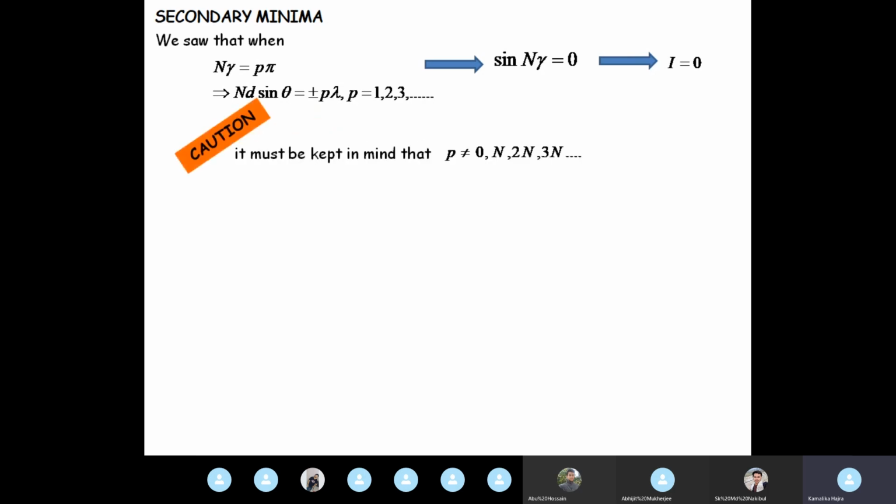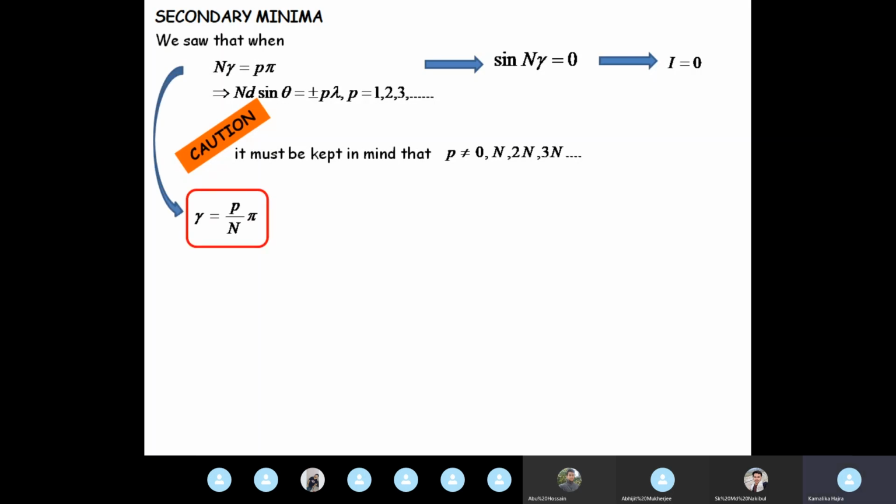Now, we have to keep in mind that p, although an integer, cannot take the values 0, capital N, twice capital N, thrice capital N, etc. That is, p cannot take the value of an integral multiple of capital N. It cannot take the value of the integral multiple of the number of slits that are present in a given setup. Why?